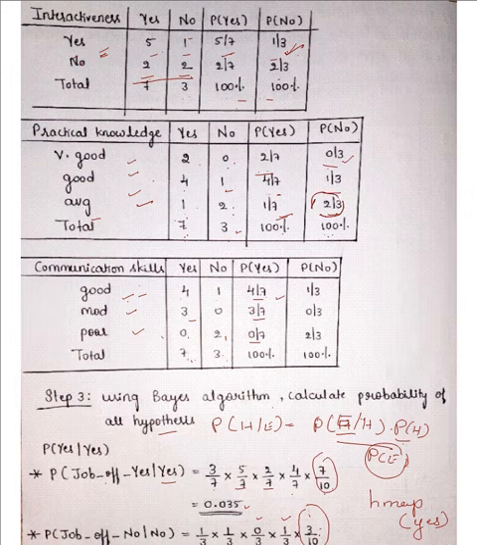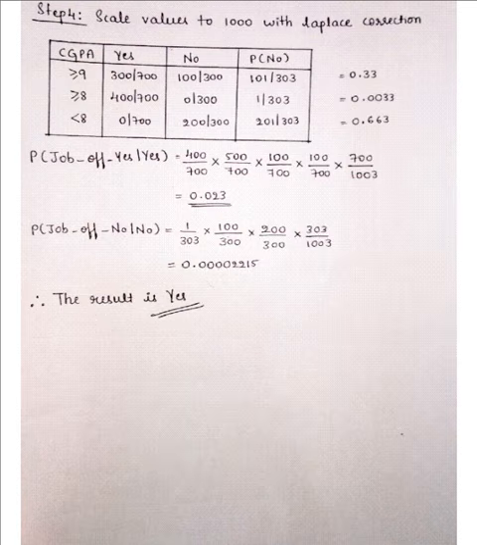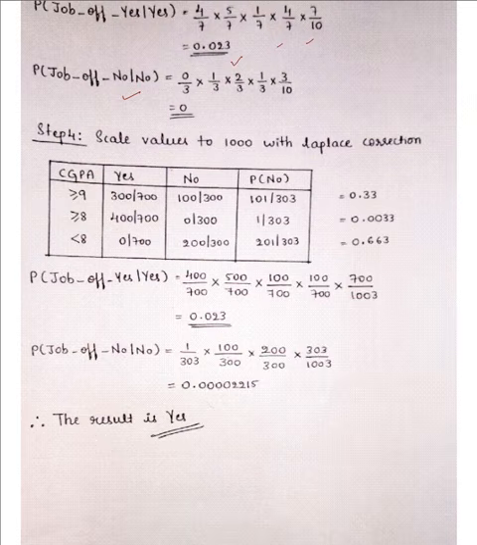Take this 2 by 3 into, for the attribute good, for communication skills good, what is the probability of no? That is 1 by 3. This into the prior probability of the sample data set. So we should multiply together. So that's what we have multiplied here. So 0 by 3 into all, if you multiply, you will get the job offer no on no as 0.